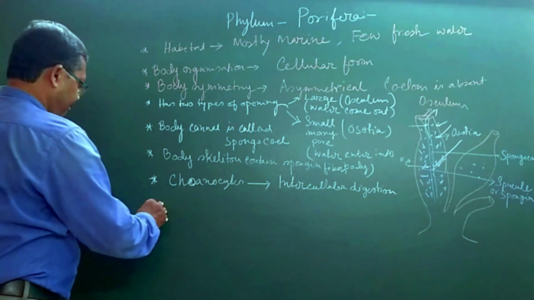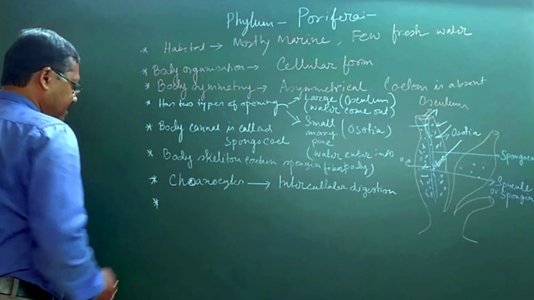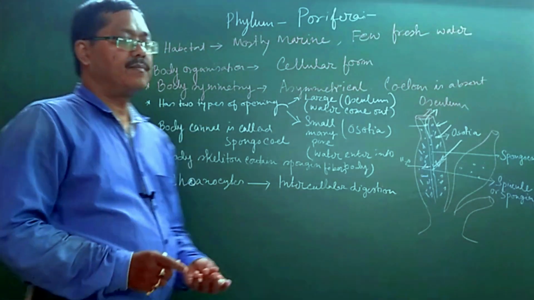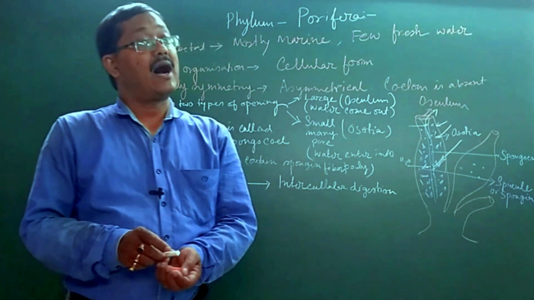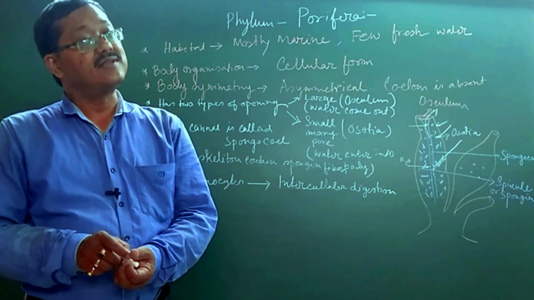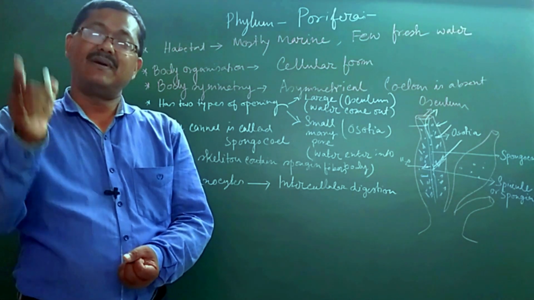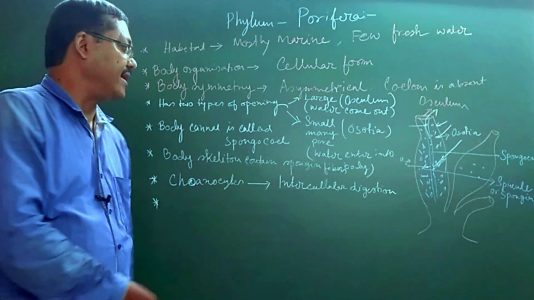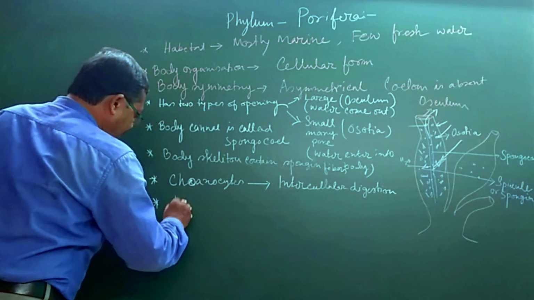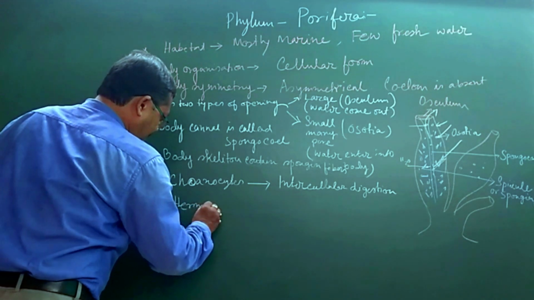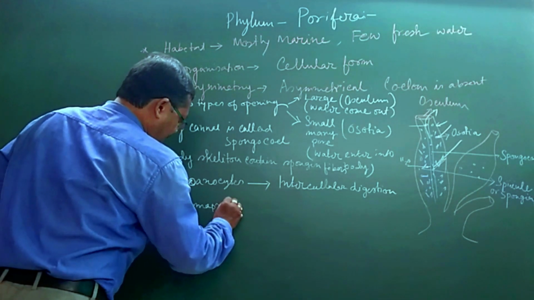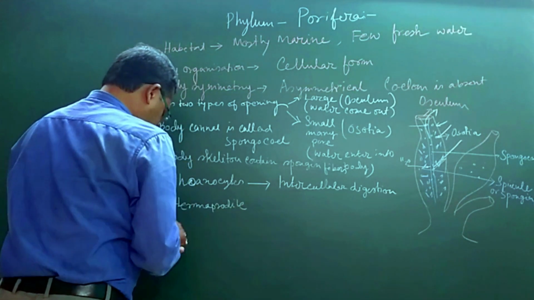Their male and female bodies are not differentiated. A single body contains male and female reproductive structures. That is why the specimen is called hermaphrodite. What do you mean by hermaphrodite?